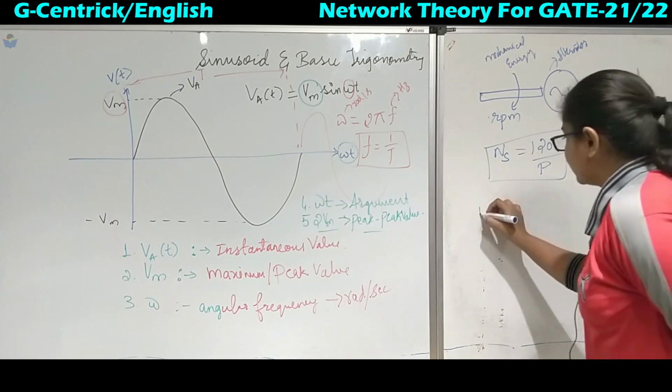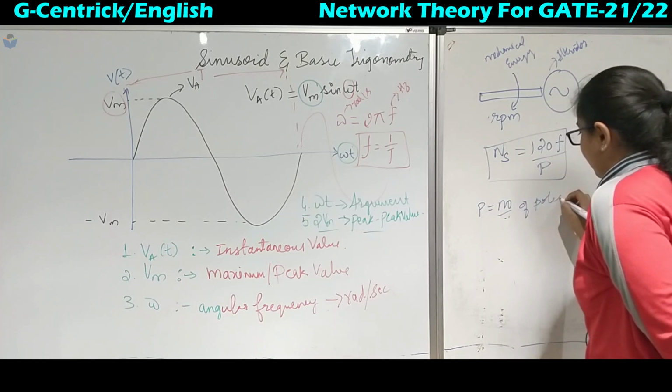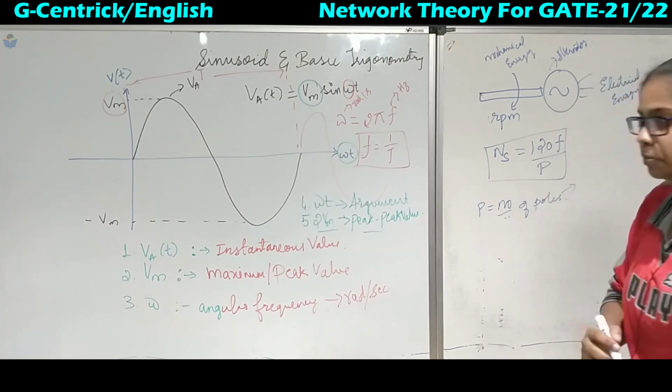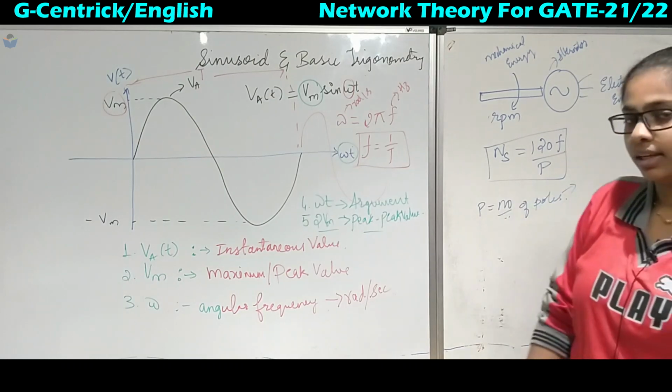P is nothing but the number of poles. This is a very helpful formula and most of the time we use it in machines, where we can see how it is derived.